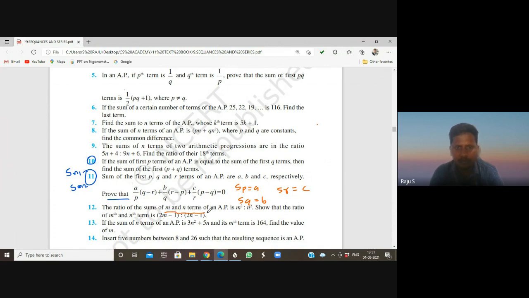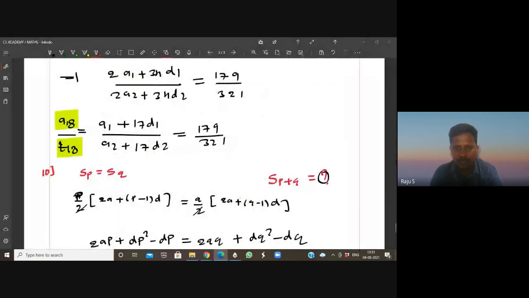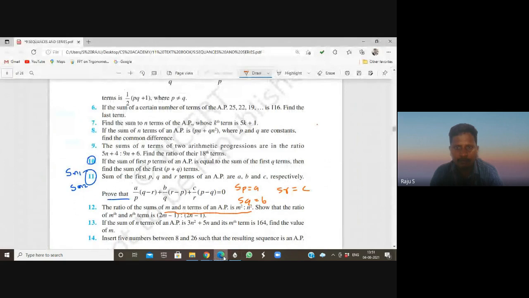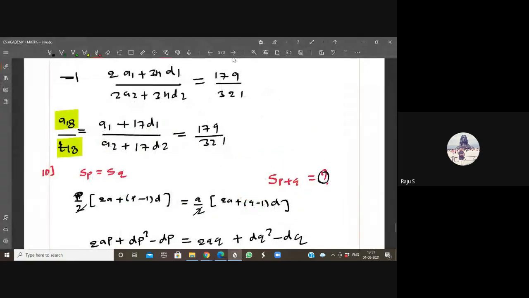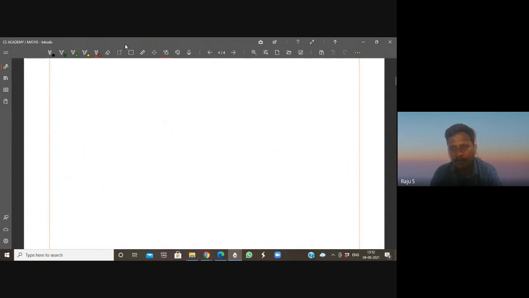So here the ratio of Sm by Sn is equal to m square by n square. Show that the ratio of the mth and nth term is 2m minus 1 by 2n minus 1. So in the given question, Sm by Sn is equal to m square by n square.